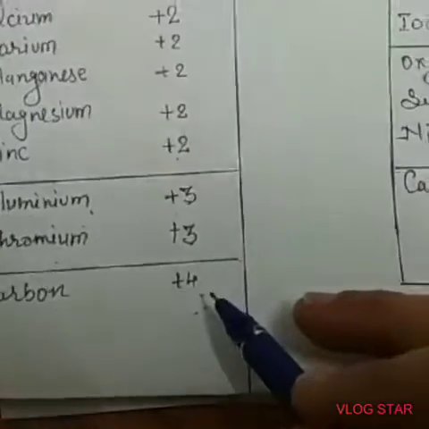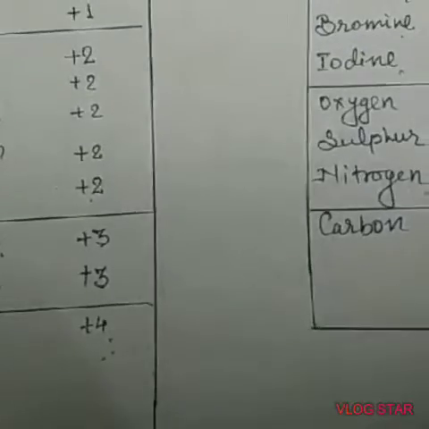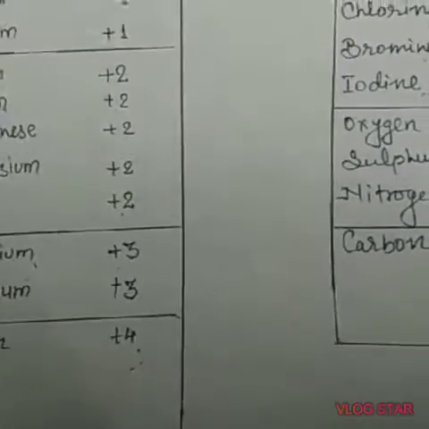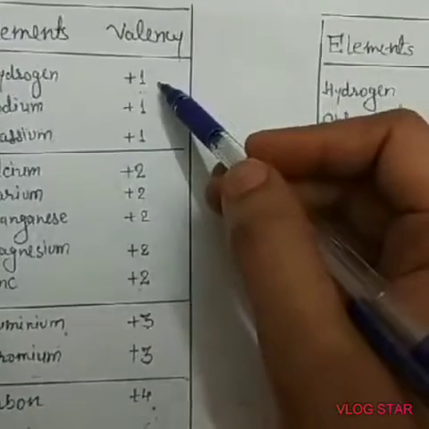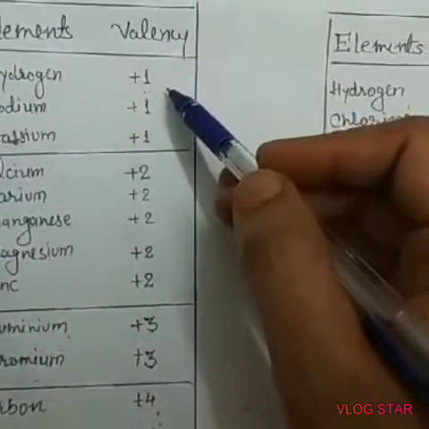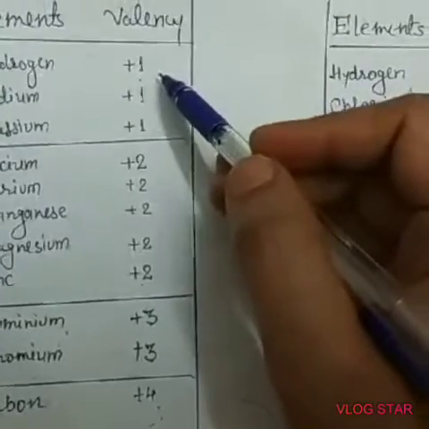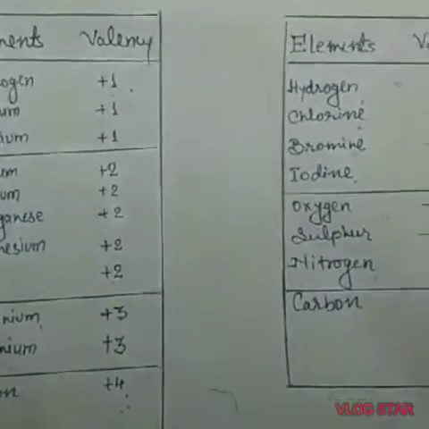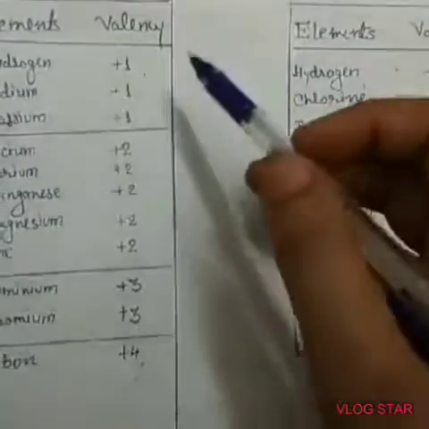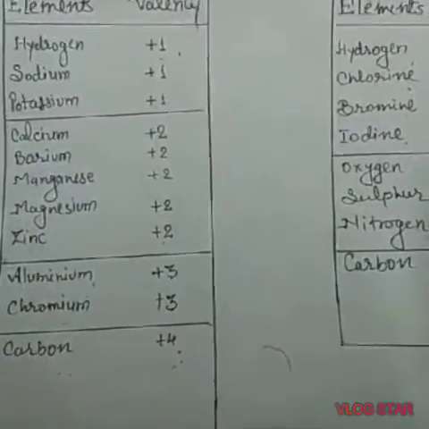In some cases it takes positive valency and in some cases negative valency. Similarly, hydrogen completes its duplet by sharing 1 electron, so it shows both positive and negative valency.